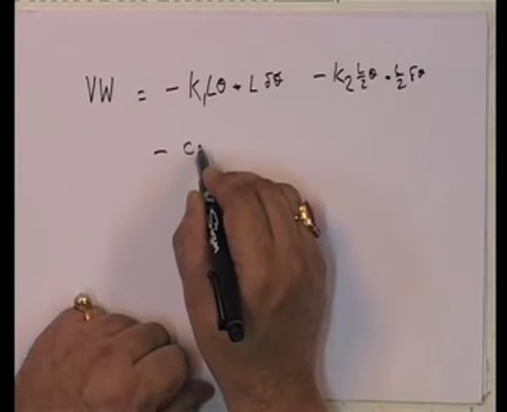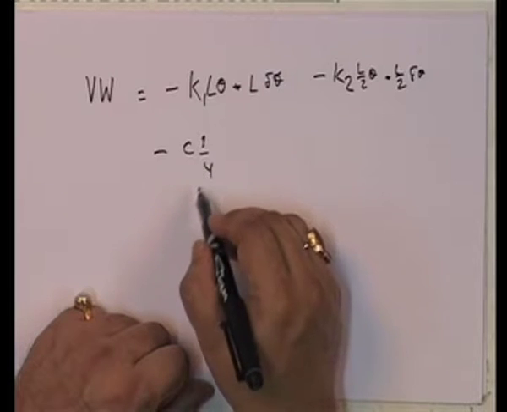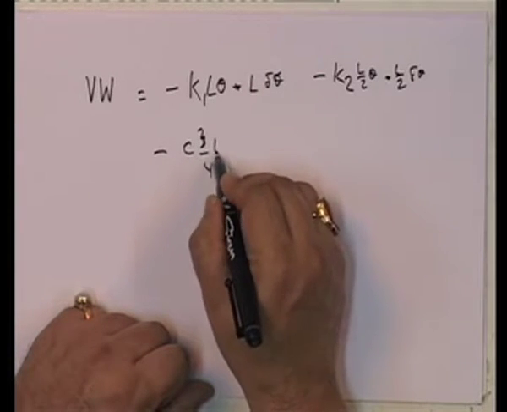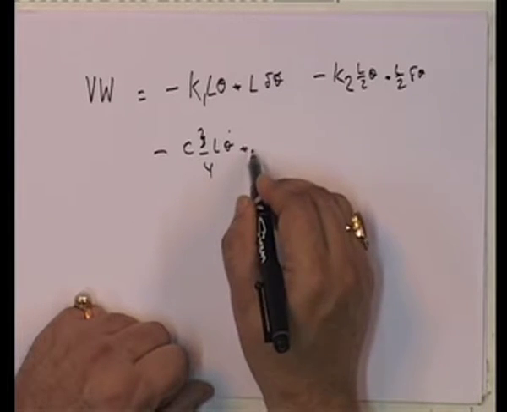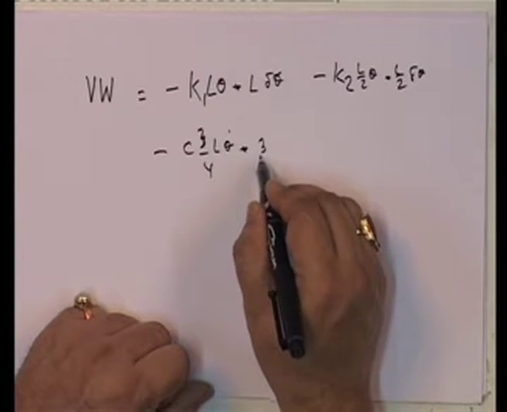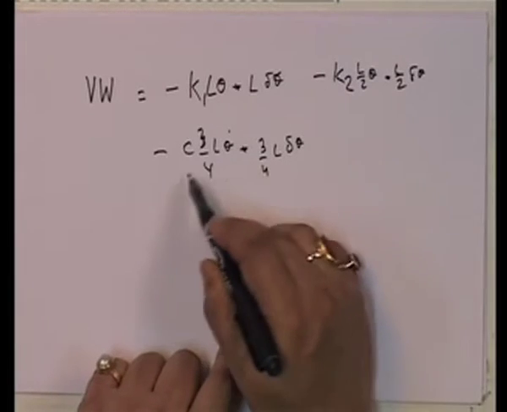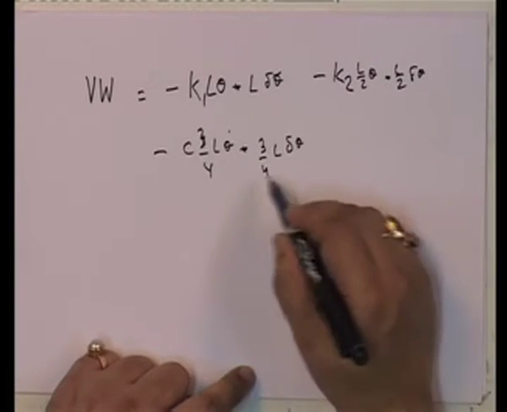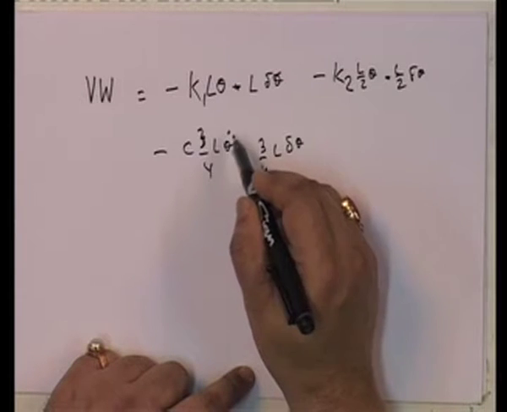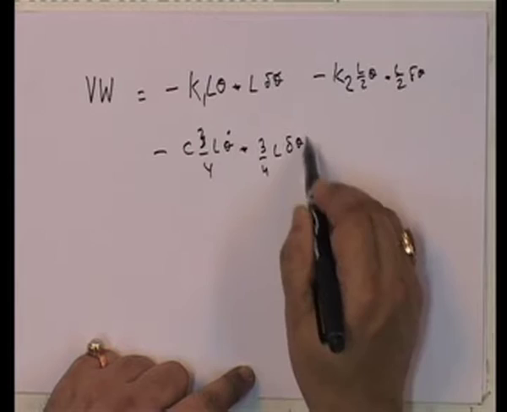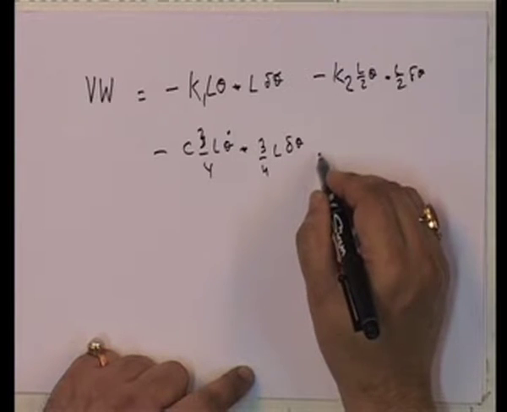Then we have C 3 by 4 L theta dot undergoing 3 by 4 L delta theta, that real force undergoing virtual displacement. Remember that this is the real force, and force into the virtual displacement of that particular point.